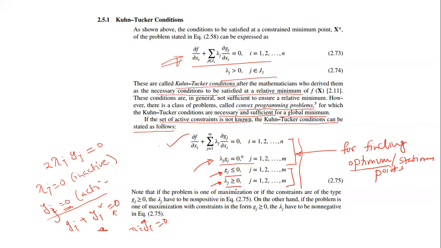You have to keep in mind that if one of them is reversed, the other will also be reversed. So this is more or less for validation. The first two are for finding the optimum or stationary point, and the second two are to validate whether the points we get are actually optimum points or not.